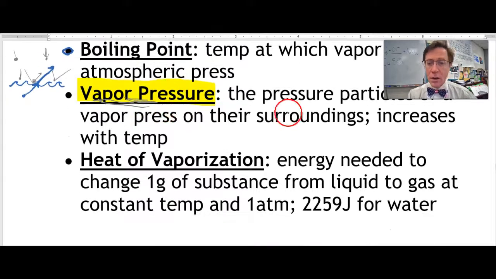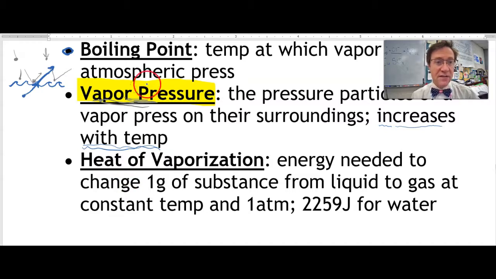And also, I almost forgot, sorry, that vapor pressure, or the force that the particles exert on their surroundings, increases with temperature, right? That means that the hotter something gets, the faster the particles are moving, the harder they smack up against the side of the container, the greater the force that they can exert, either on the side of the container or up on the atmosphere that's pressing down on it. You guys get what I'm saying?